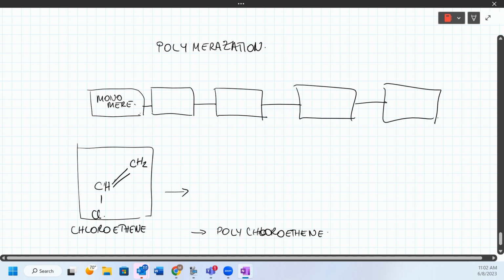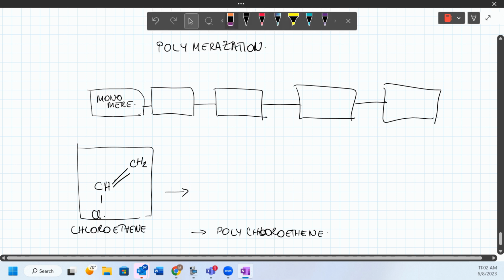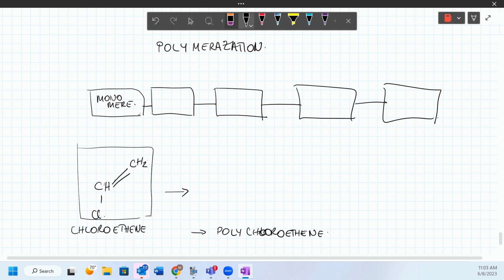How do we represent it? One is connected with the other, and then the first one is connected with the second one, with the third one, and so on and so forth.